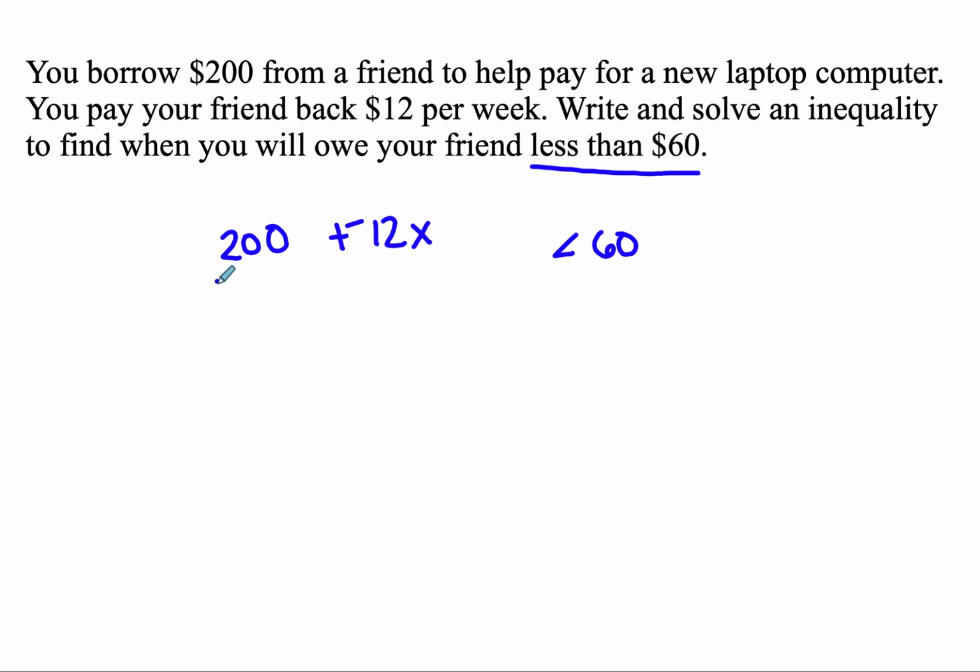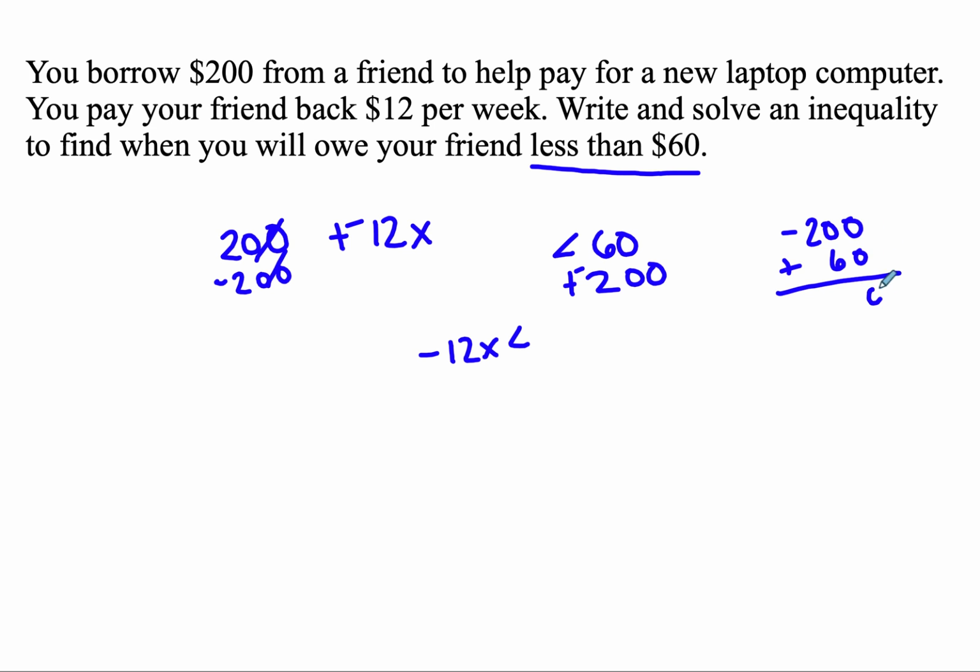All right, so I'm going to start by subtracting 200 from both sides. All right, 200 minus 200 is 0, so I'm left with negative 12x is less than. Over here, I'm going to rearrange it. If I do a boom boom, that's a negative 200 and a positive 60. And negative 200 has a greater absolute value, so that has to go on the top.